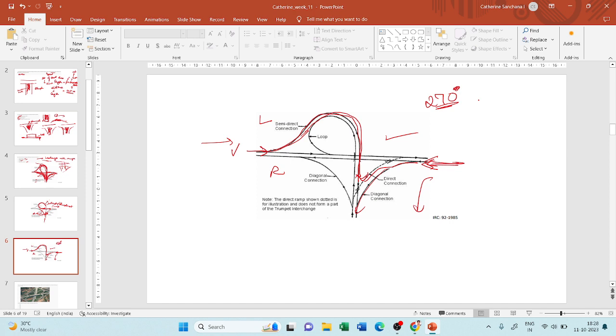So what do I mean by 270 degrees? If my vehicle is in this direction, if I want to make a right turn, this is my 90 degree turn. Now if my vehicle is traveling this direction and I make a right turn and then I come back, this is a 180 degree turn, right?